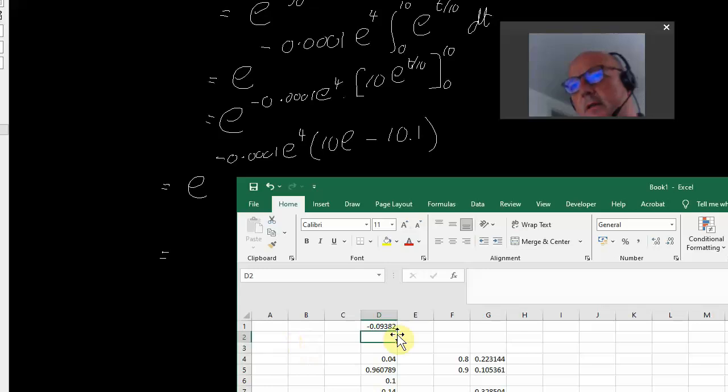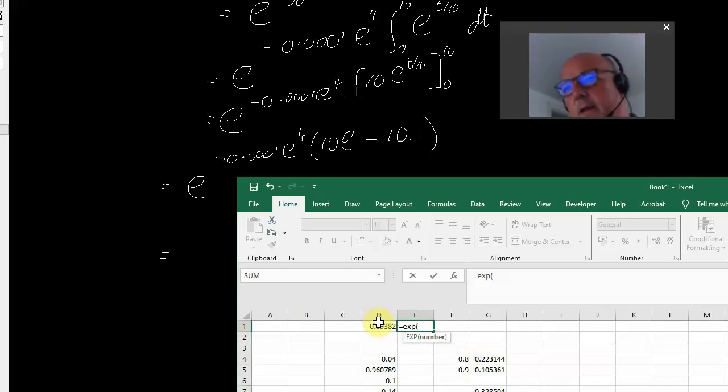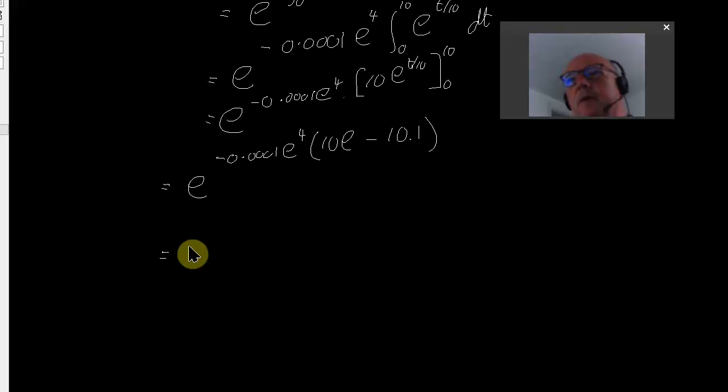Okay, so that is the exponent, so I want the exponential of that, and I get 91.04%. That's my probability of survival.